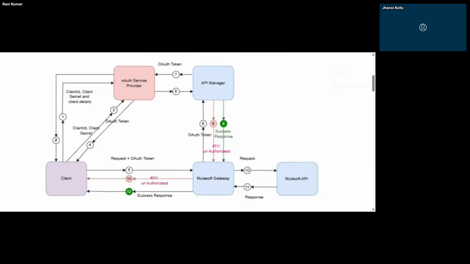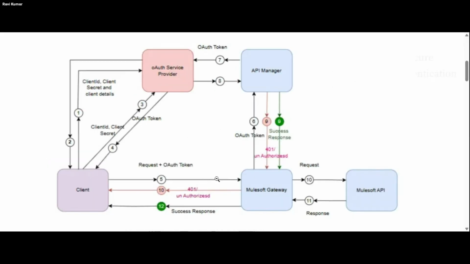You need to share that with your client or third-party vendor who wants to connect with your MuleSoft server. Using that client ID and client secret, they will call the OAuth service provider first. They will get the token, and then using that token, they will call your Mule application. In between, MuleSoft Gateway and API Manager will come into the picture.